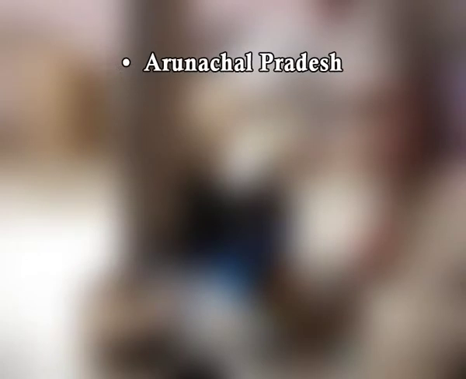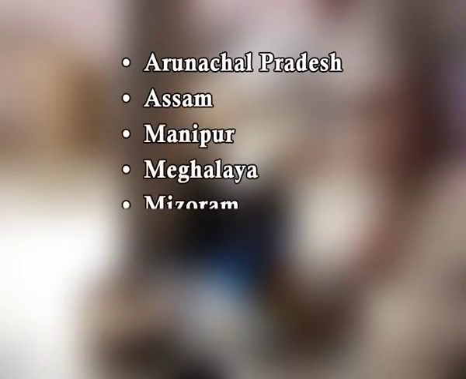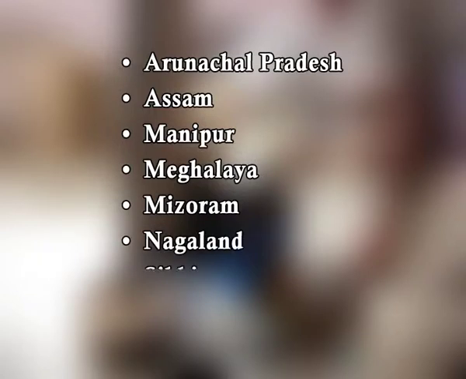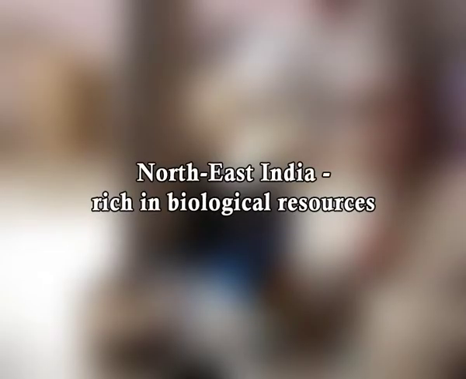It comprises 8 states: Arunachal Pradesh, Assam, Manipur, Meghalaya, Mizoram, Nagaland, Sikkim, and Tripura. The region acts as a biogeographic gateway for plant migration. In India, apart from the Western Ghats, Northeast India is one of the biodiversity hotspots in the world. Biological resources are rich in this zone.